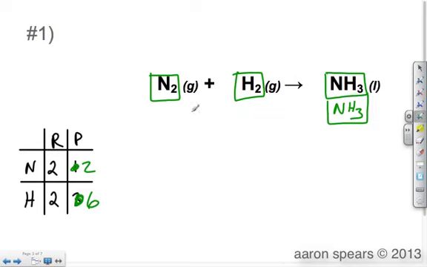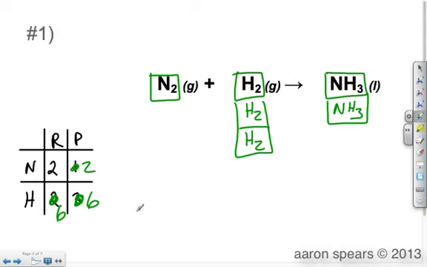Looking at the reactant side, there are 2 boxes, but only 1 box contains hydrogen atoms, and that's an H2 molecule box. If I add 2 more boxes of hydrogen molecule, I will get a total of 6 hydrogen atoms on the reactant side. Now, taking a look at my list, I have a balance of both nitrogen and hydrogen atoms.